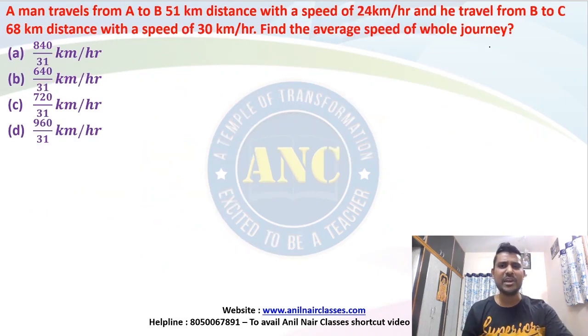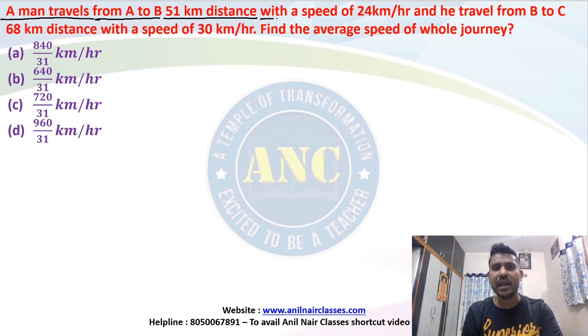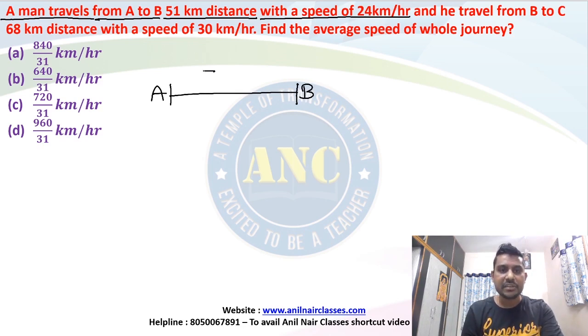Next question. Now see here, you will solve this question very fast. A man travels from A to B 51 kilometer distance with a speed of 24 kilometers per hour. Okay. A person is traveling from A to B. The distance is 51 kilometers and the speed is 24 kilometers per hour. First statement is absolutely clear.